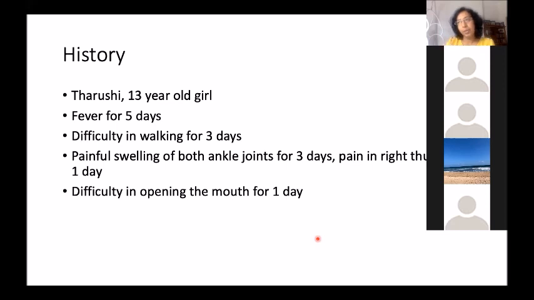Now, to build up your history, in your initial history taking, you ask a direct question from the mother, isn't it? Since the child is 13 years, you can take the history from both the mother and the child. So you will pose an open question to them. They will go on telling the story, right?